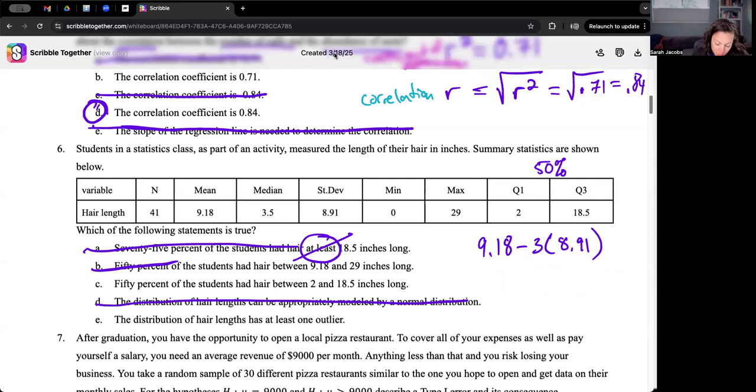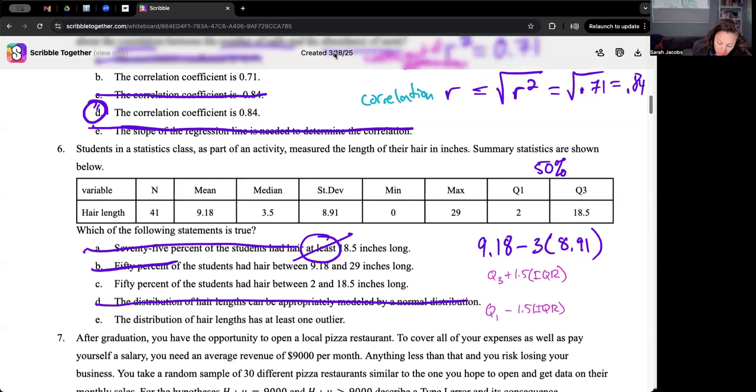So the typical one is Q3 plus 1.5 IQR. Anything above that is considered an outlier. And then we have Q1 minus 1.5 times IQR. And anything below that is considered a low outlier.